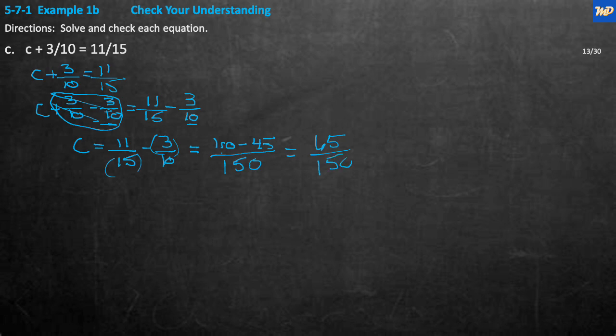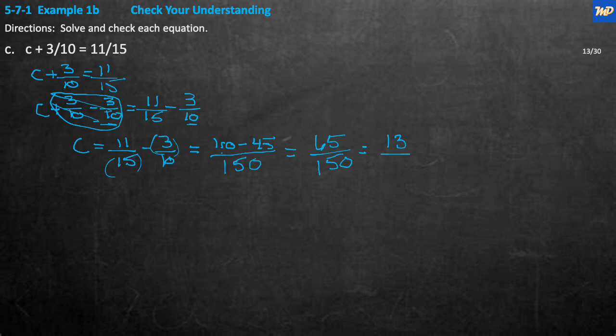Okay, so can we reduce this? Obviously, yes, we can. We can divide by 5, can we not? So if we divide by 5, we're going to get 13, because 65 has 13 5s in it. 50 has 10 and 15 has 3, so that's 13.